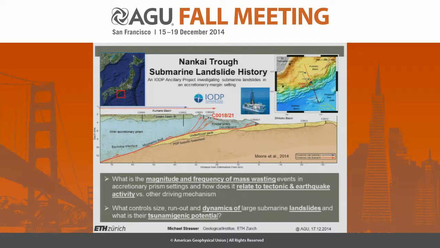Overall, this is tied into a bigger project, the Nankai Trough Seismogenic Zone Experiment, using the drill ship Chikyu from the Japanese. And so I'm going to zoom in now.